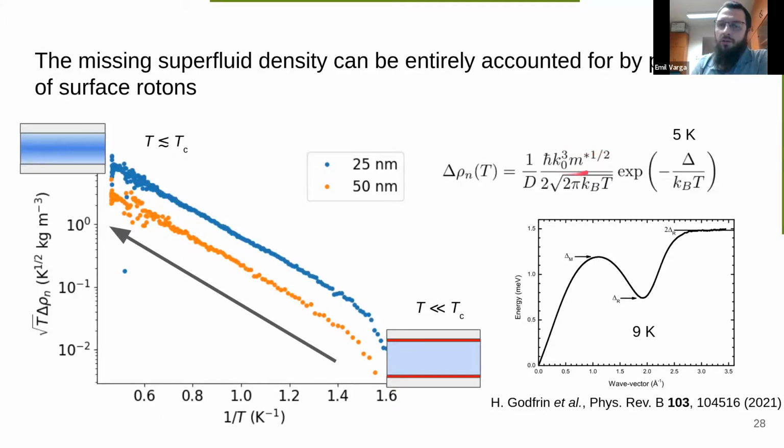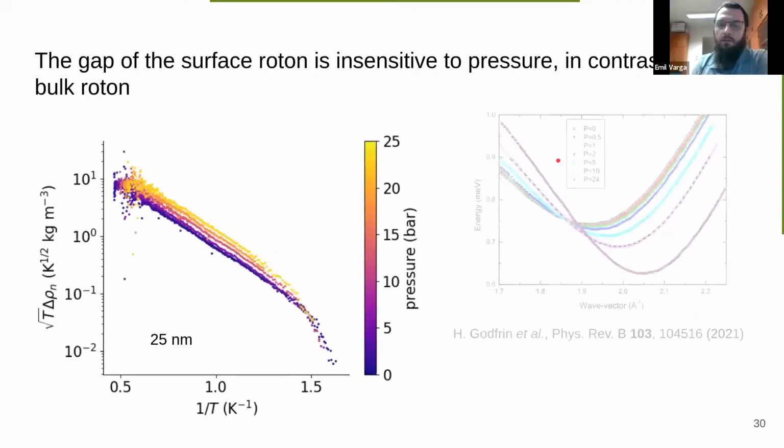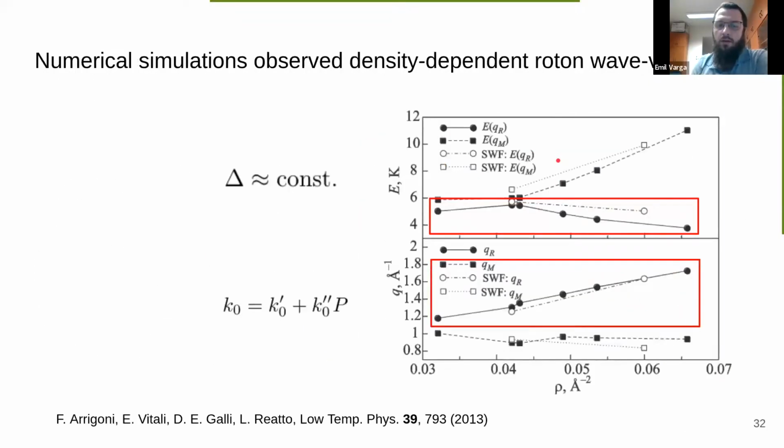And the reason we don't put too much emphasis on this effective mass is because its influence on the excess normal density is much weaker than that of the wave vector, which comes in to the power of three halves, and we know that the wave vector is changing quite strongly.